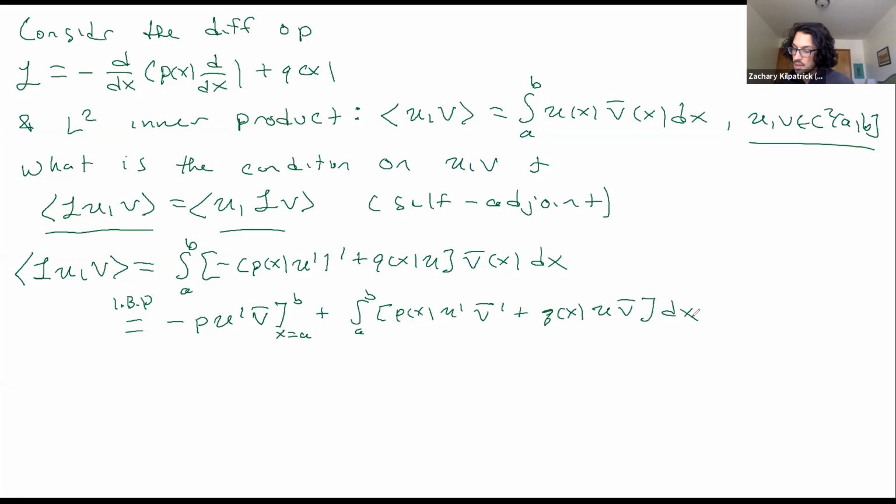Integrate by parts again, and I'm starting to pile up terms in my boundary terms here.